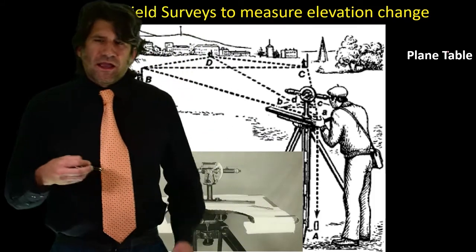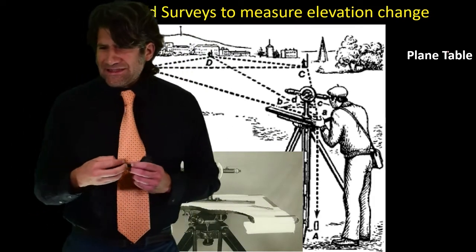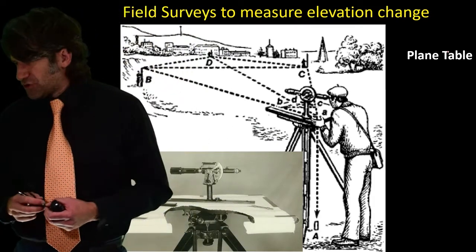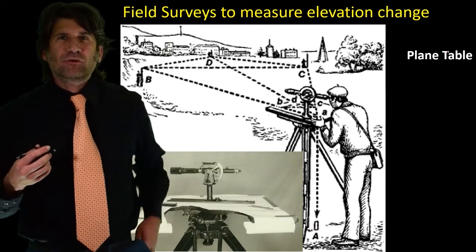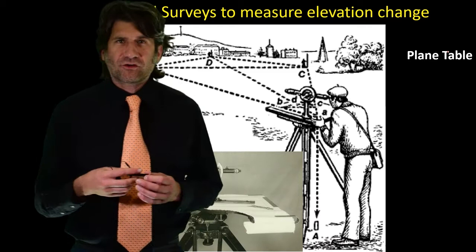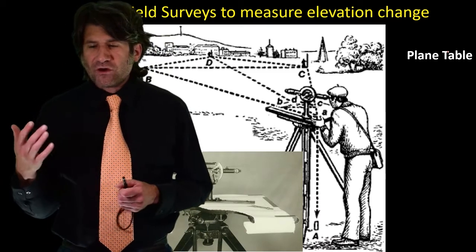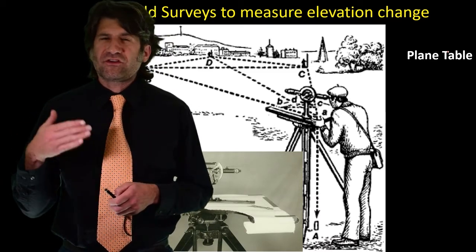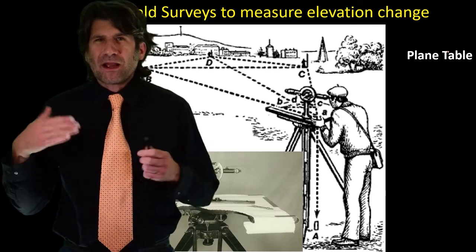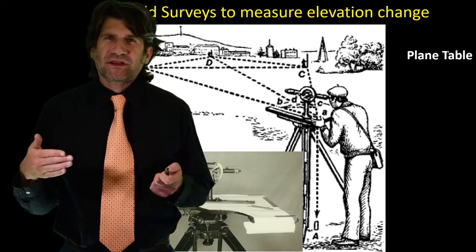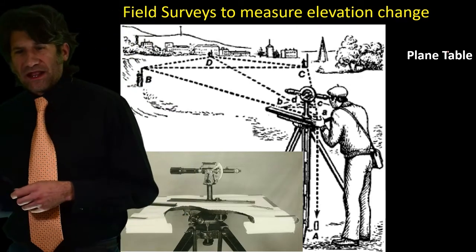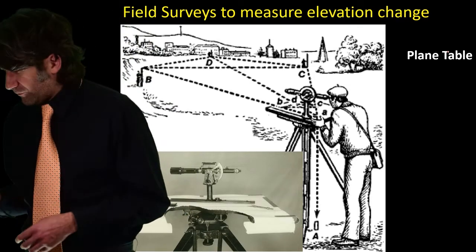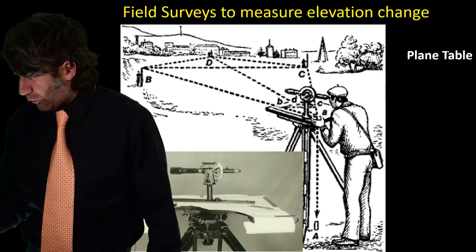So if we think back, probably the easiest way to measure topography is using a plane table. And plane tables were how we used to do geographic surveys over 100 years ago, before the inventions of auto levels or lasers. But I bring it out and mention it because this is the foundation of our field. And so how one of these surveys would work is you would essentially have a horizontal table.